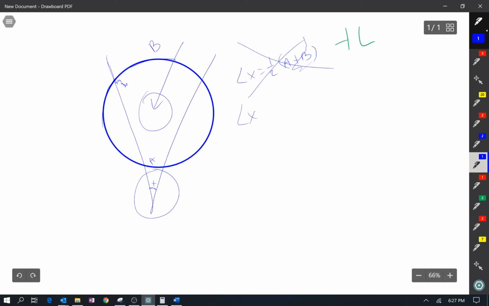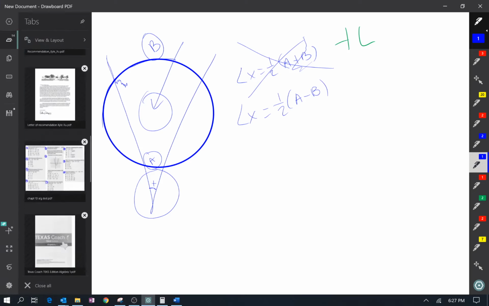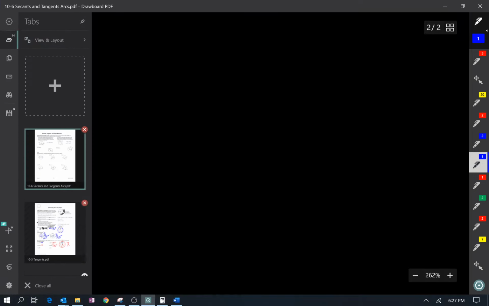What happens is angle x is going to be equal to half of the difference. So not the average. You're going to take the difference and divide by 2. In this case, A is smaller than B, so flip-flop it. It's going to be the bigger arc minus the smaller arc, not necessarily A and B. It really depends on how you label them. So it's real easy because all you do is you subtract them instead of adding them.